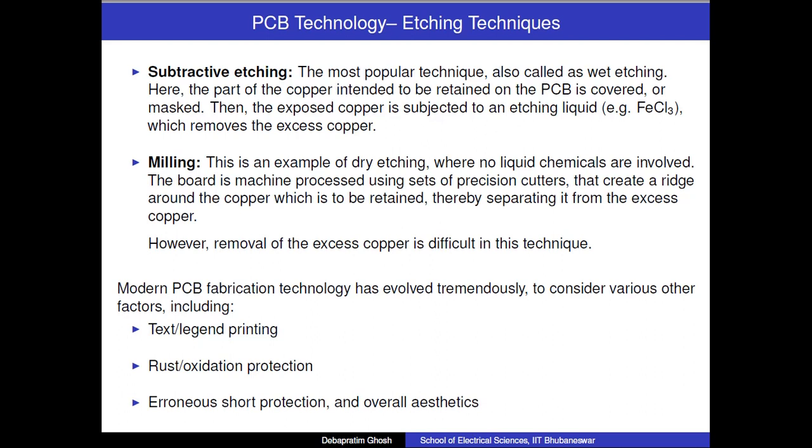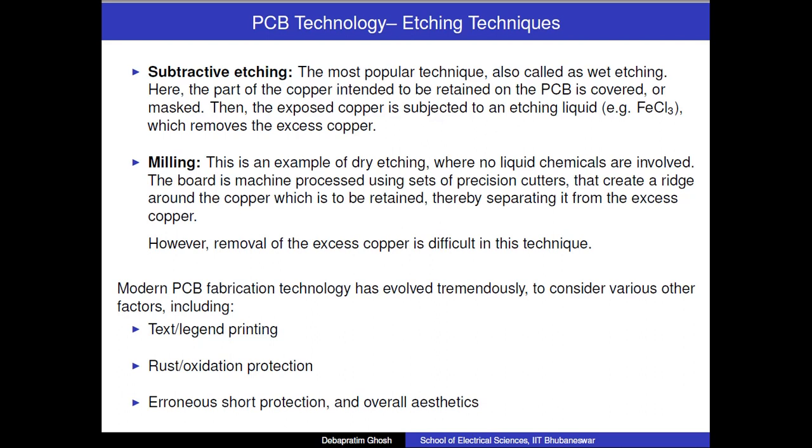Modern PCB technology, however, has tremendously evolved to help the designer a lot by including features like printing of text and legends, or whatever you want to print, for easy use of the PCB. Then there are techniques for rust and oxidation protection. Once we start using the PCB, the copper gets exposed and slowly starts getting rusted, so its performance degrades over time.